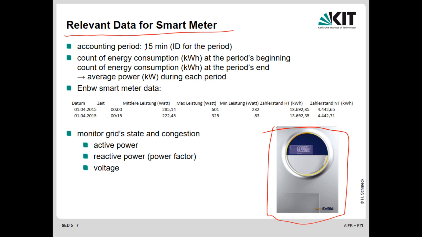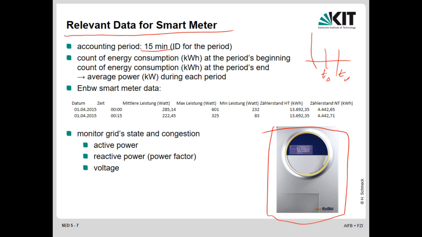Okay, currently it has been 15 minutes, and now the question is, what are you actually measuring there? What is measured is a counter of how much energy you have consumed. Now you have this 15 minute interval, and you look at how much you have consumed at T0 and T1, where T1 is 15 minutes later.